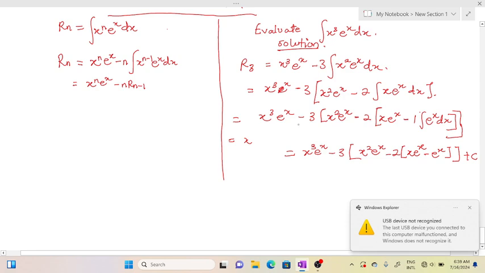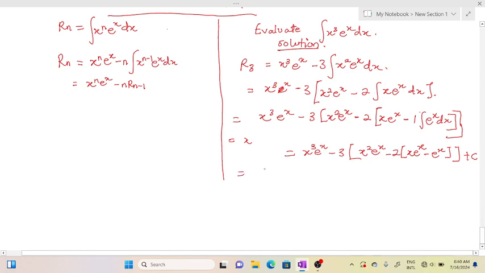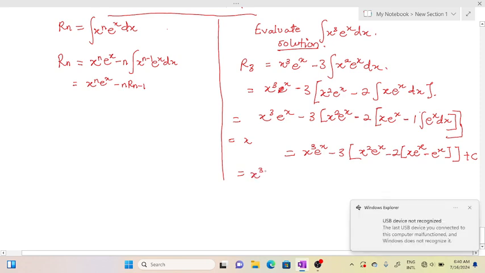So let's see. I still go on with my expansion here. So I'll have x cubed e to the power x, minus 3 open brackets.